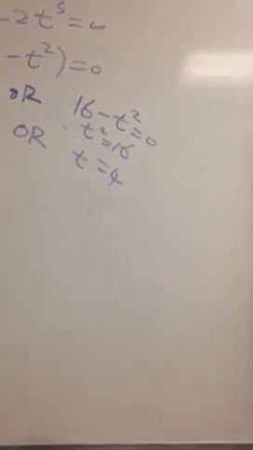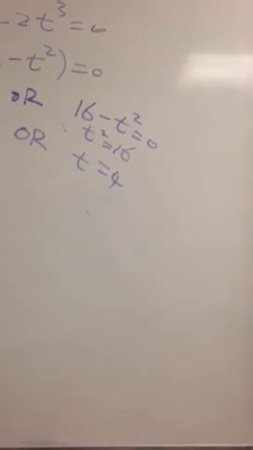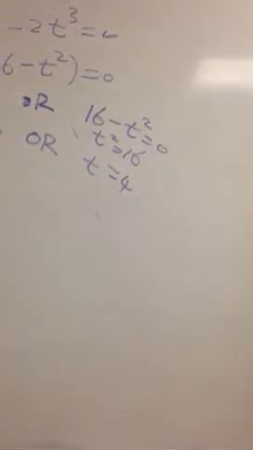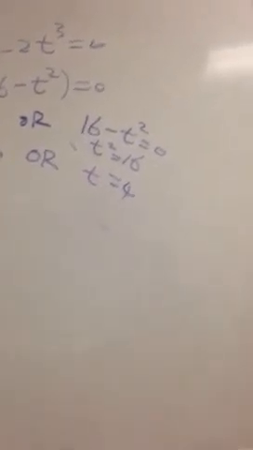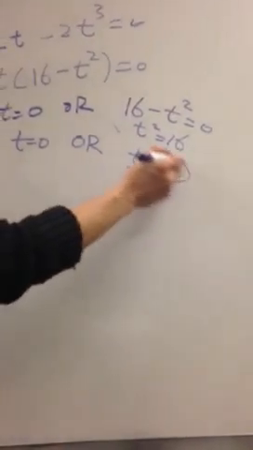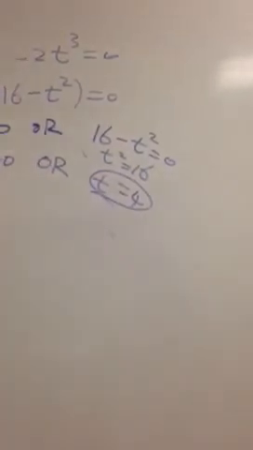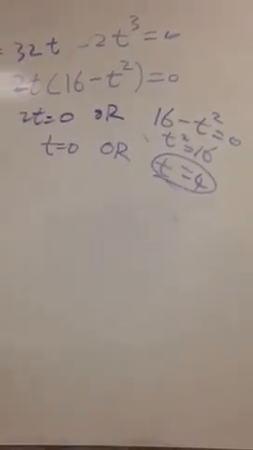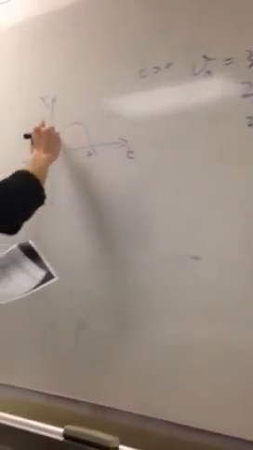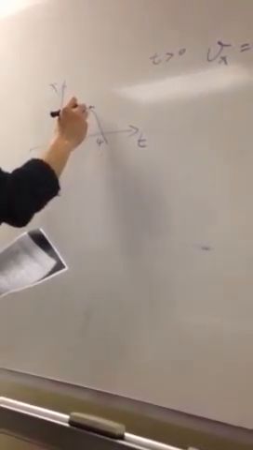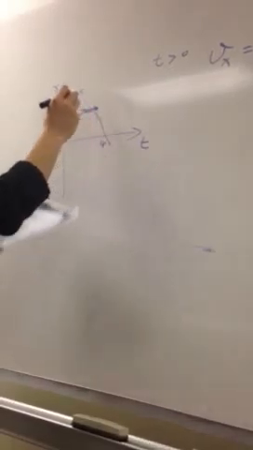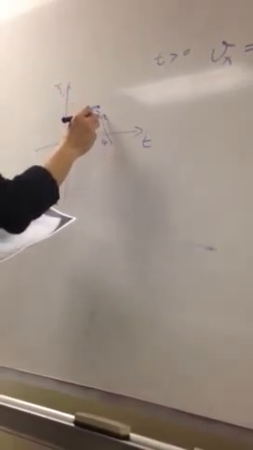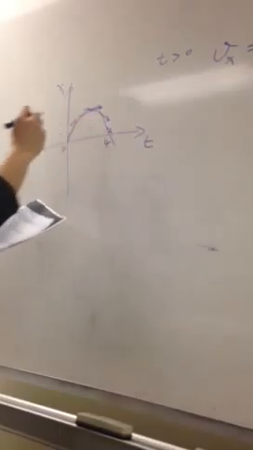So after t is equal to 0, it achieves the maximum displacement at this time point. If you draw it, it's accelerating, accelerating, accelerating, and then starts to drop.